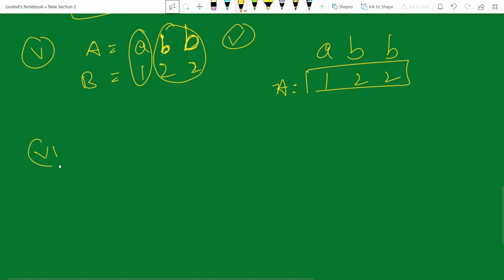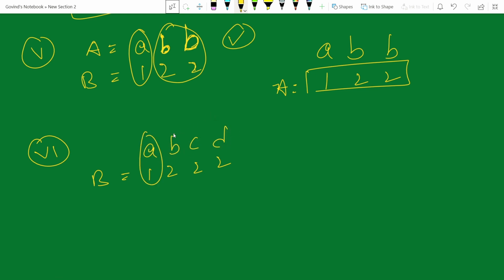Now let's see another test case. If B is 1 2 2 2 and it is A B C D, now A is occurring one time, B is occurring two times, but we need another element which should be occurring two times, and it is C. So we put B also as C. Now B is occurring two times.